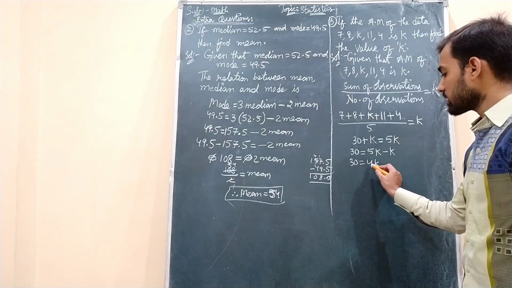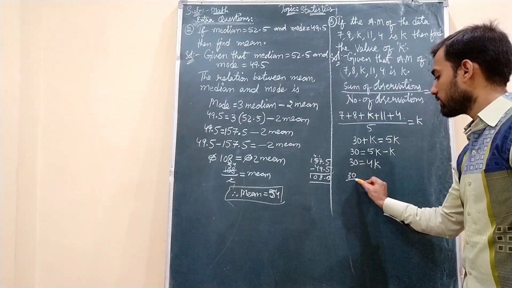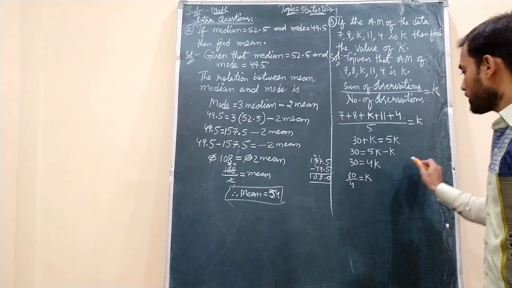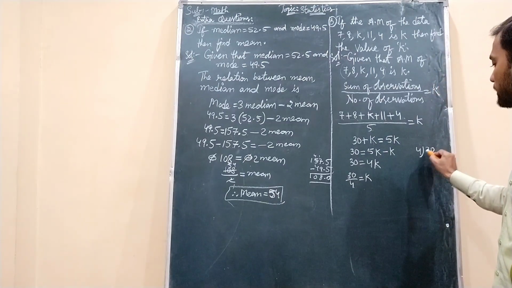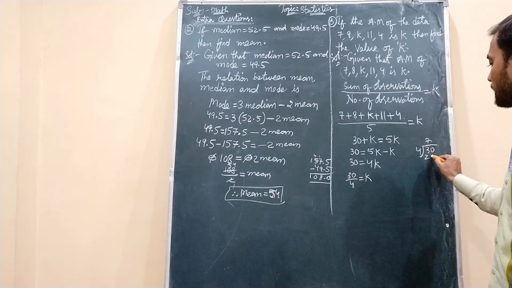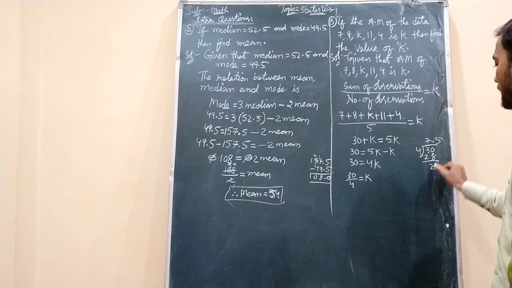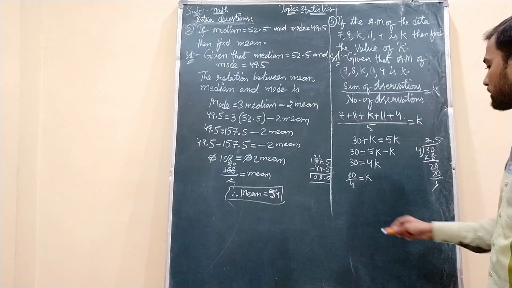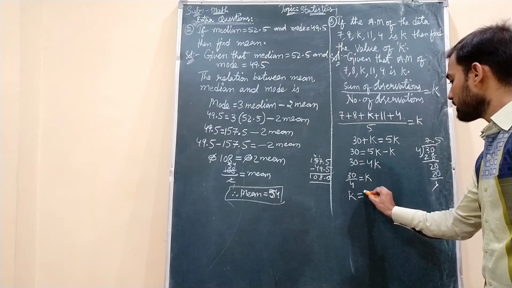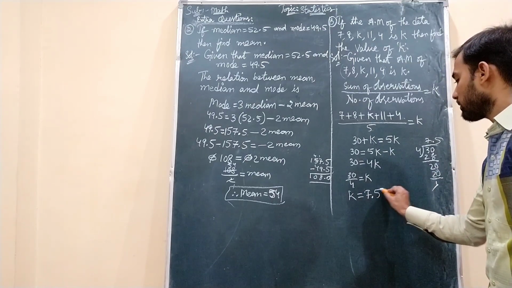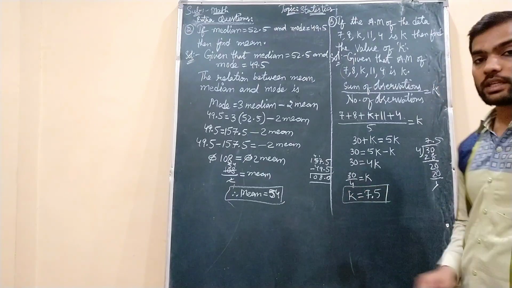They are in multiplication, that goes to division. 30 divided by 4 equals k. So when we divide 30 using the 4 table, 4 sevens are 28, you will get 2, then 20, 4 fives are 20. So the value of k is 7.5. Okay students.